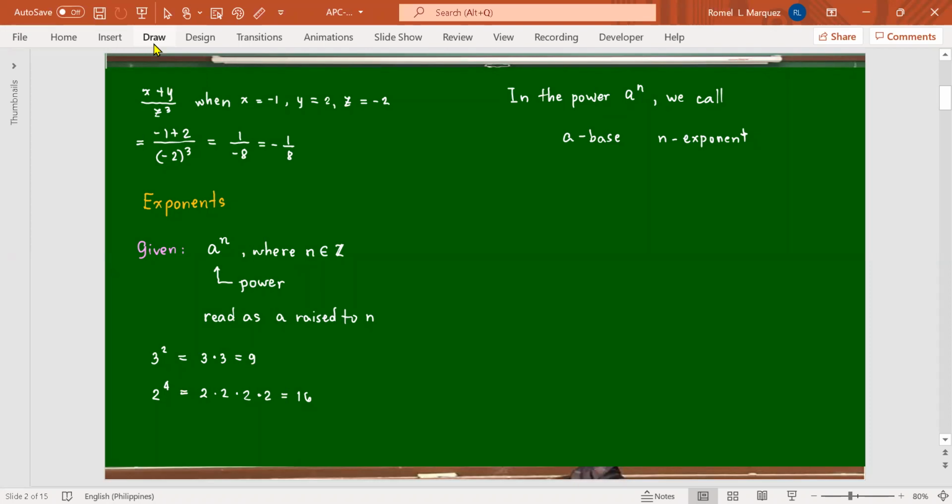I'm not going to write them, so I'll just be reminding you that there are rules that powers obey, called laws of exponents or properties of exponents. Laws of exponents. Okay, guys?